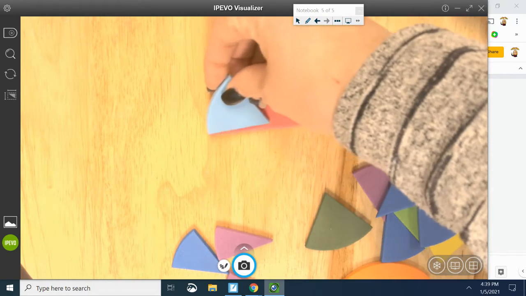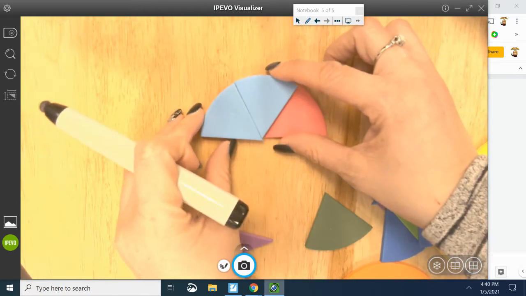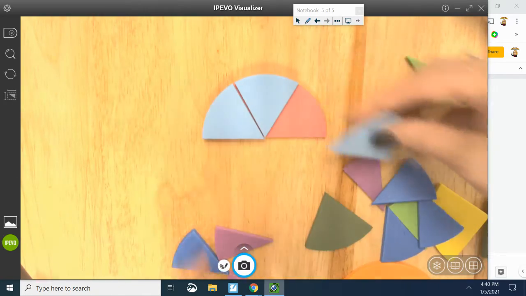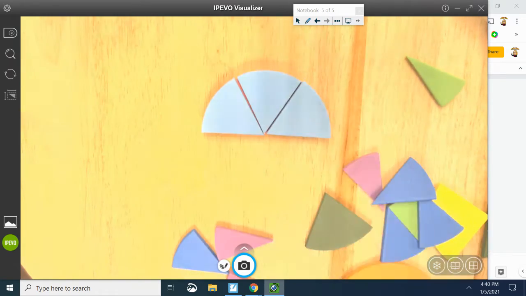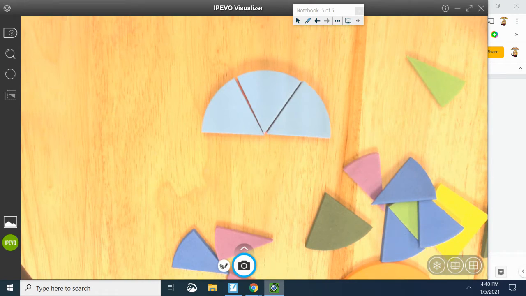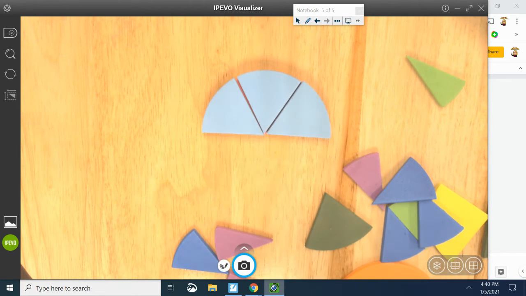So I'm going to go with my light blue and see if I can split this pink one into 3 equal pieces. And sure enough, the light blue covers that pink one up perfectly. So this is a whole piece. The pink is the whole piece, but I can split that whole piece into 3 equal pieces.